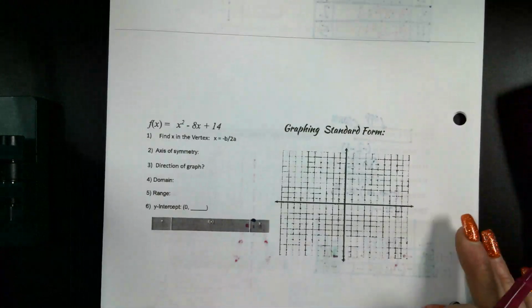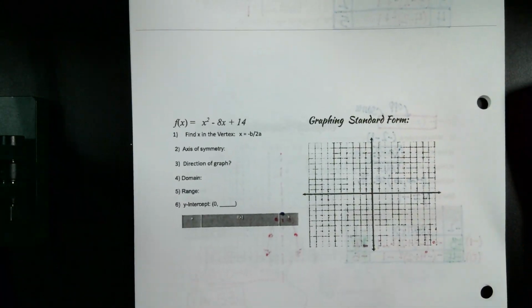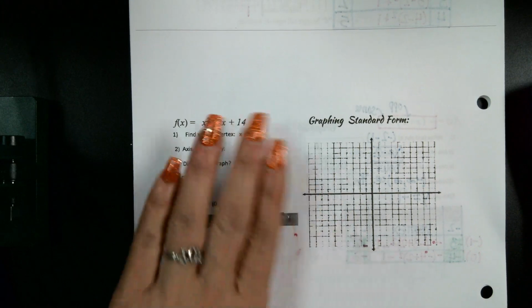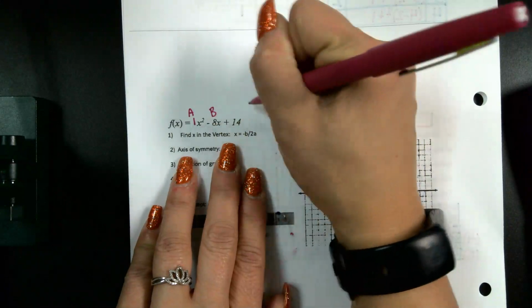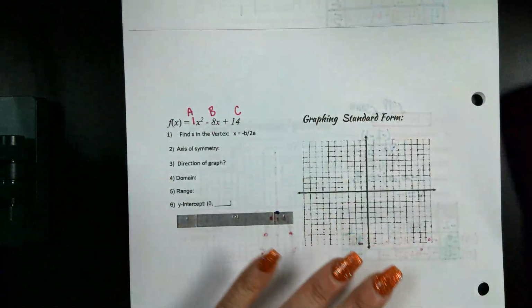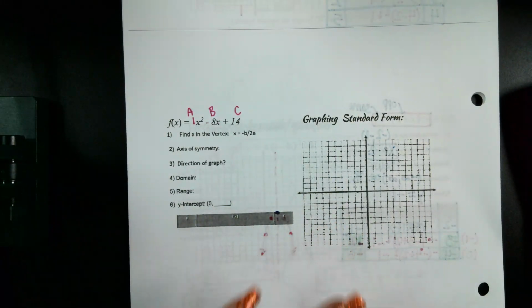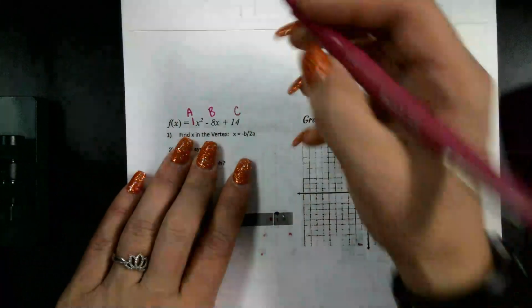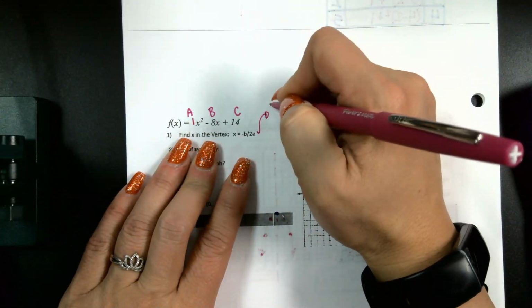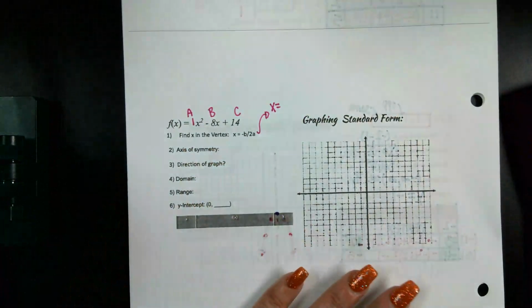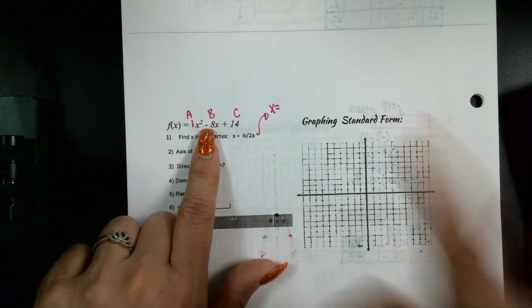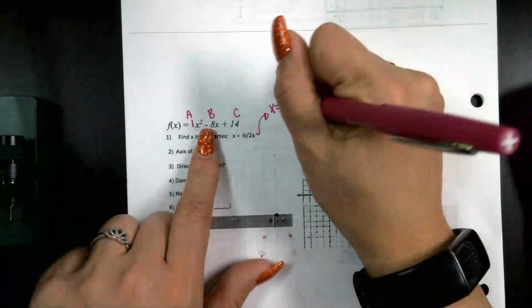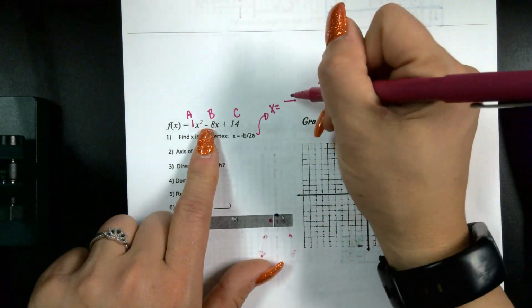All right, so go down to the bottom. We're going to walk through this process. Standard form, you have A is 1, B is negative 8, C is 14. So it says find the x in the vertex. So we're going to use this formula, the negative b over 2a. So if b right now is negative 8, what number do I put up top?